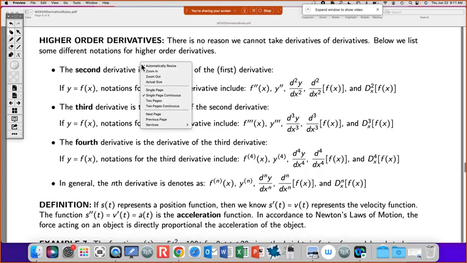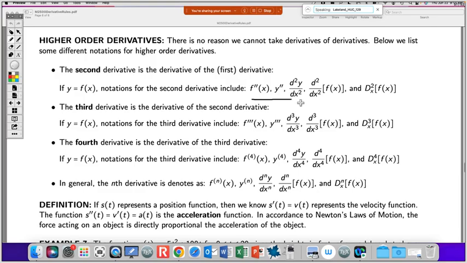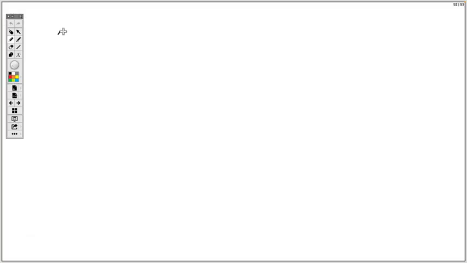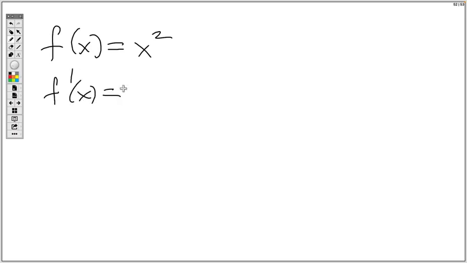Higher order derivatives. So what could be more fun than taking a derivative? Taking it again. For example, let's take a look at f of x. That's x squared. What's the derivative of x squared? 2x. Can you take the derivative again? Yeah. So how do we denote that? Well, one way to denote it is just use another prime.